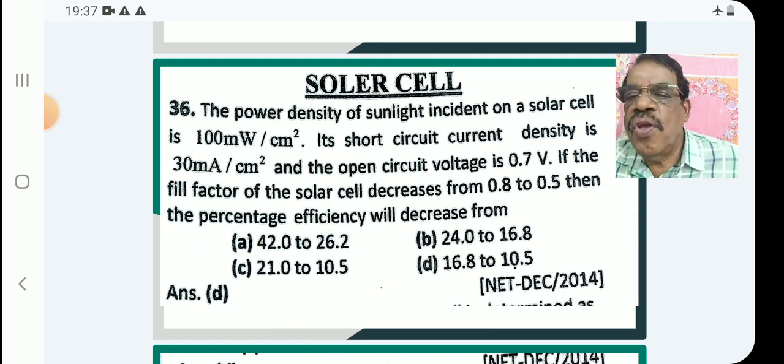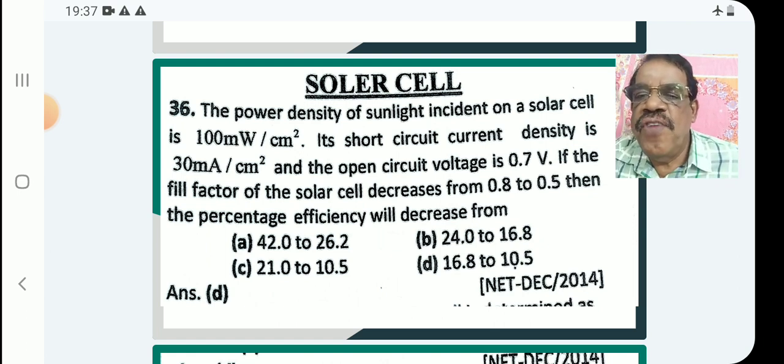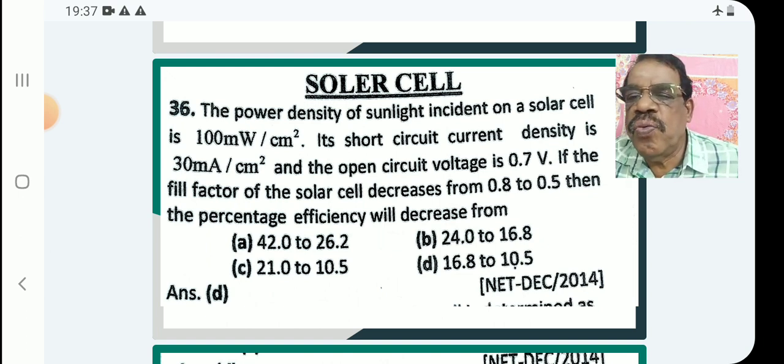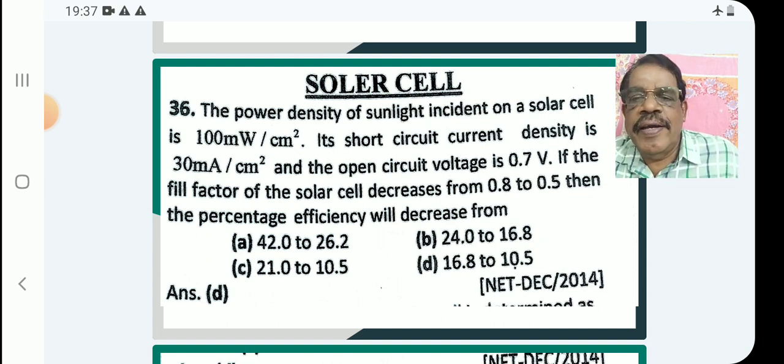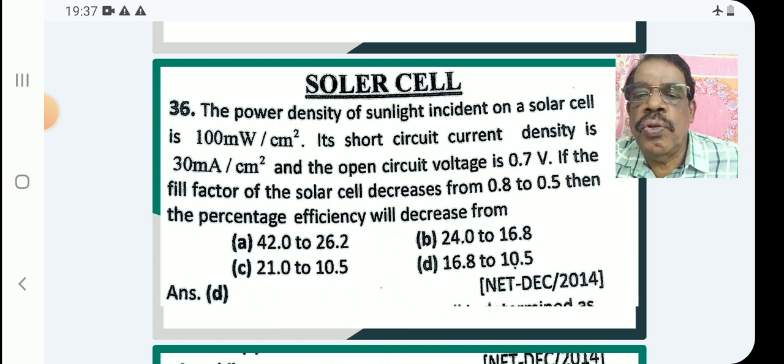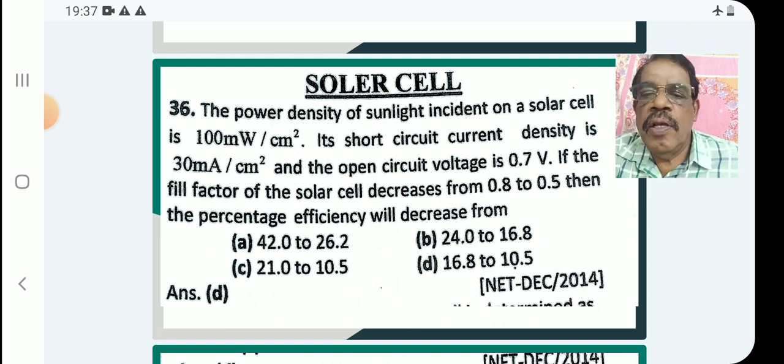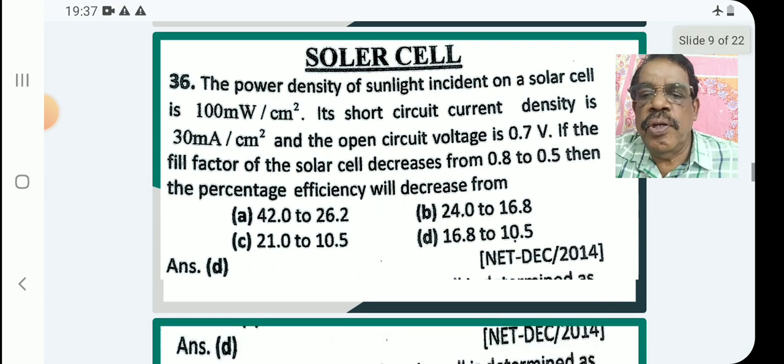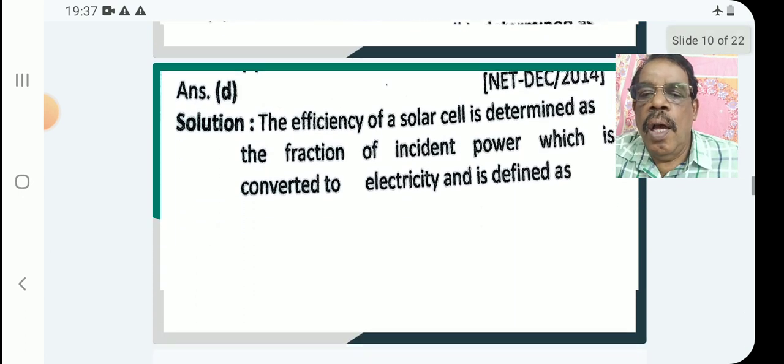If the fill factor, FF, of the solar cell decreases from 0.8 to 0.5, then the percentage efficiency will decrease from 42.02 to 6.2, 24.02, 16.8, 21.02, 10.5, 16.5 to 10.5, all in percentage. The answer is D, 16.8 to 10.5. You see the calculation.